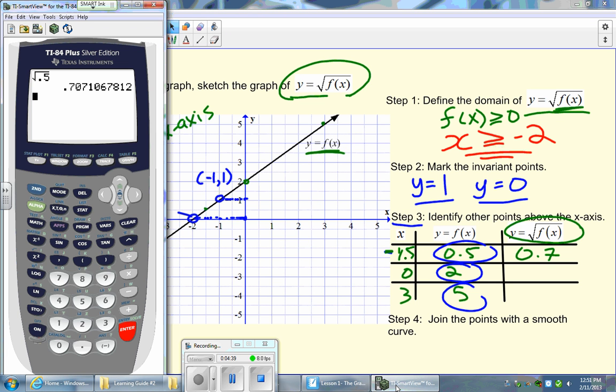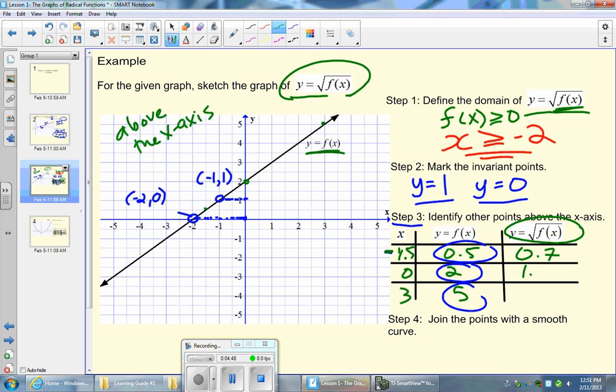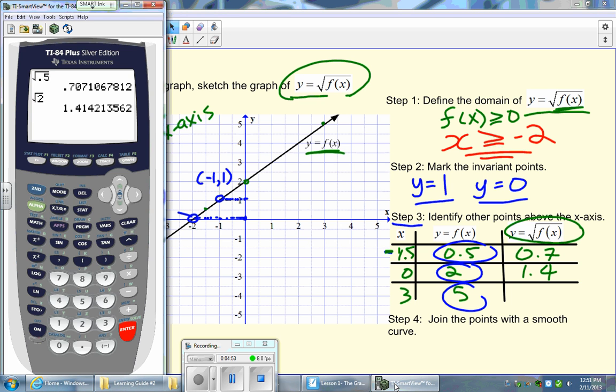Let's continue on. So the square root of 2 is going to give me approximately 1.4. So that's the second y value that we have here. And finally, we want to find the square root of 5. Okay, and we get a value of approximately 2.2.